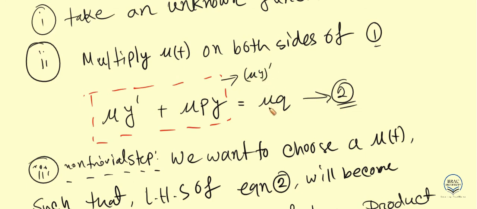And this was equal to mu q. So now we are going to use this equality in 2 and the condition in 3, our step 3, that is the non-trivial step, to find out the solution. So let's try to do it.